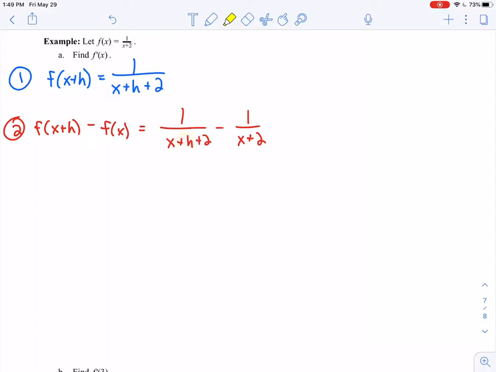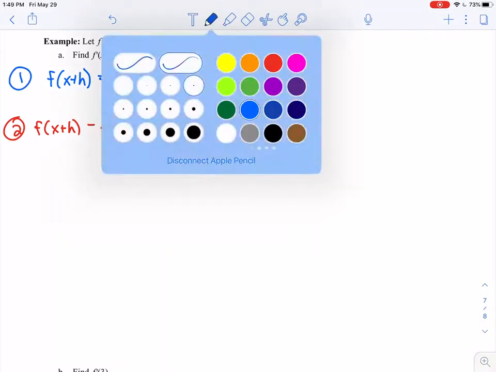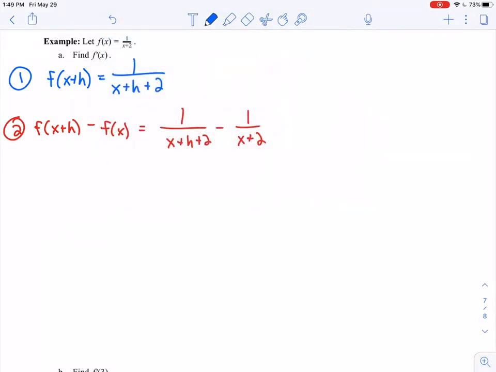There's not much we can do, and actually the fastest way to get your common denominator, I'm going to multiply this fraction on the left-hand side by x plus 2 over x plus 2. And on the right-hand side, I'm going to multiply by the denominator of the other term, which was x plus h plus 2 over x plus h plus 2.